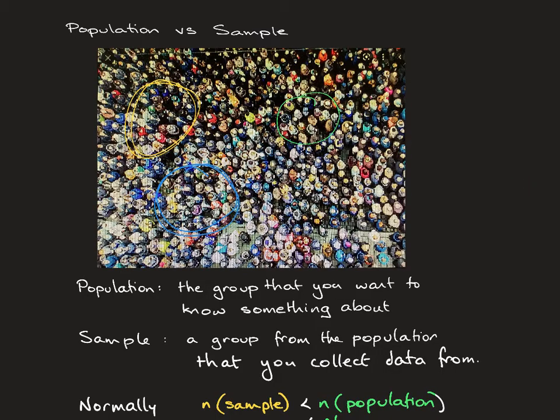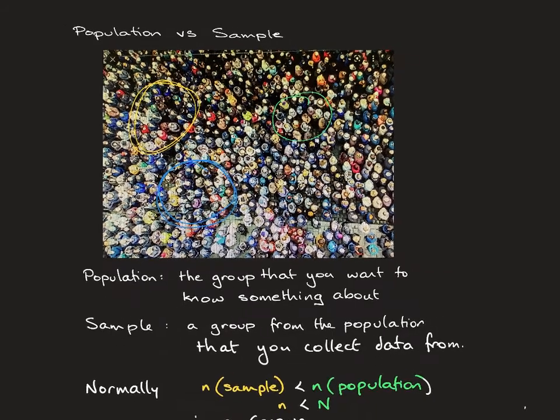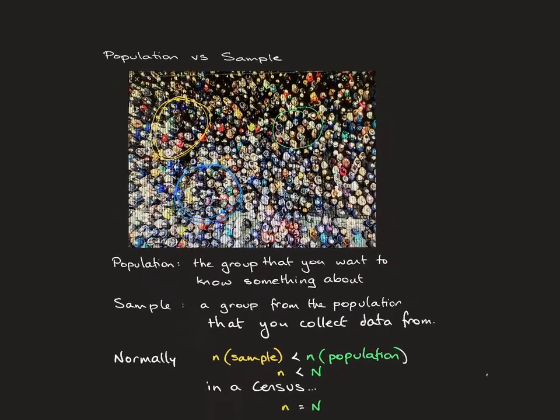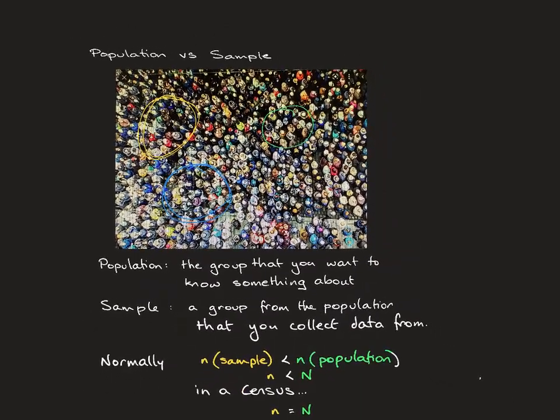And I'm saying normally because I'll tell you just something in a tick. Okay, so the symbol that we use for the number of things in a sample is lowercase n, and the symbol that we use to represent the number of things in a population is capital N.